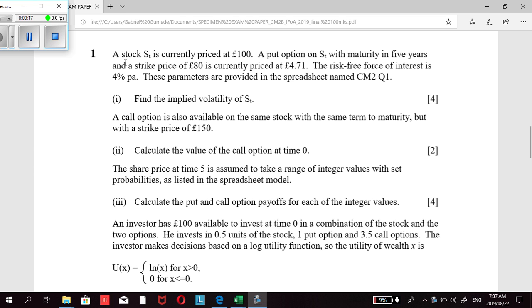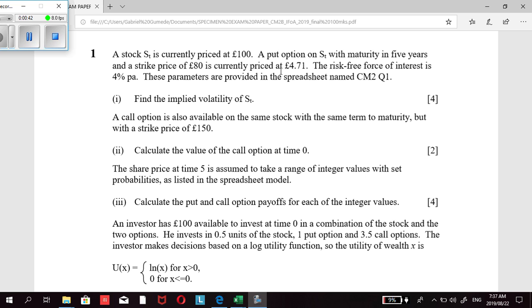So they're saying a stock ST is currently priced at £100. Okay. And they say a put option on ST with a maturity of 5 years and a strike price of 80 is currently priced at 4.71. I also tell you that the risk-free force of interest is 4% per annum.